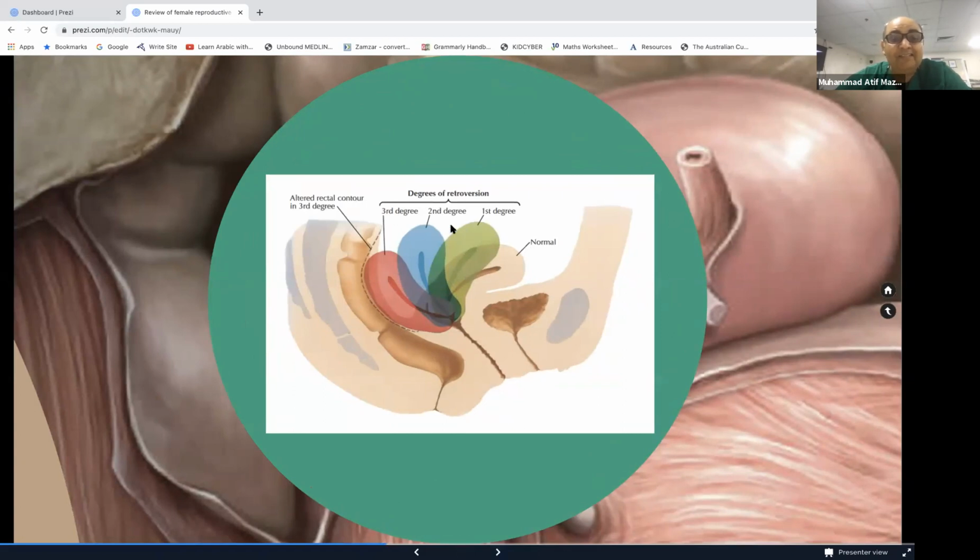You may find your patient has a uterus which is not placed normally, it is deviated. So you can stage it: first degree, second degree, or third degree of retroversion.